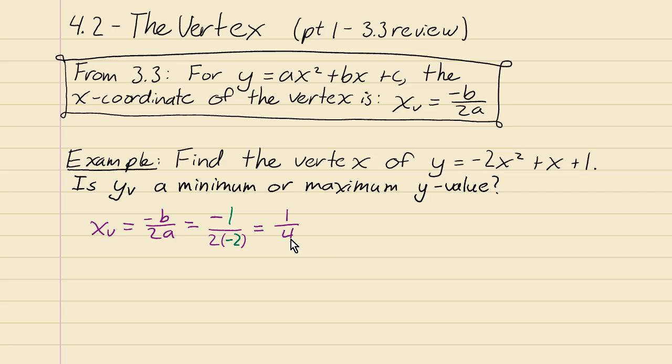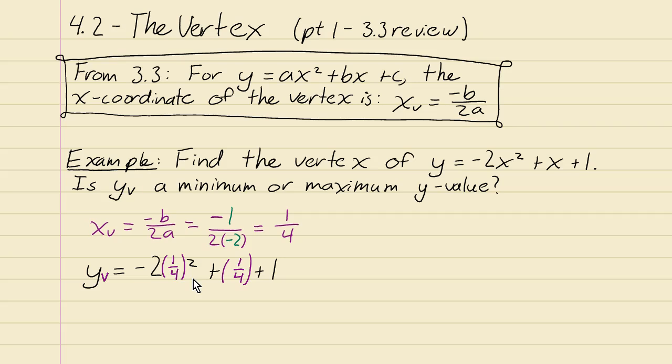Now to get the y-coordinate of the vertex, we're just going to plug in this x-coordinate that we have and see what is the corresponding y-coordinate in the equation. So here is the equation that gives you y-coordinates of points when you plug in the x-coordinates. So we're going to do 1/4 squared. That gives you 1 squared divided by 4 squared.